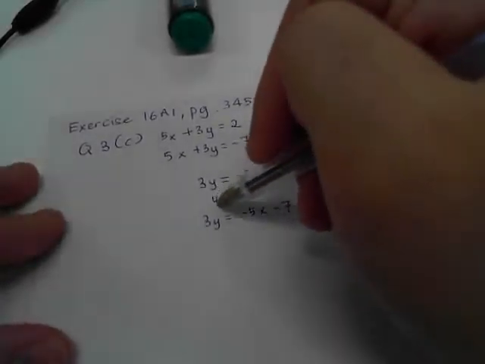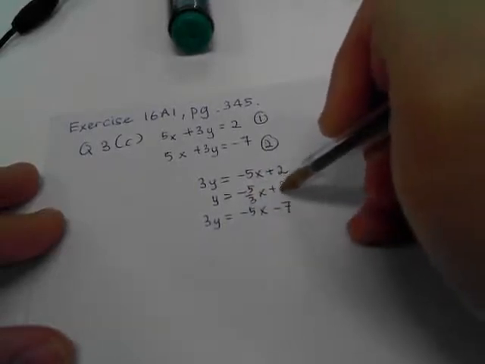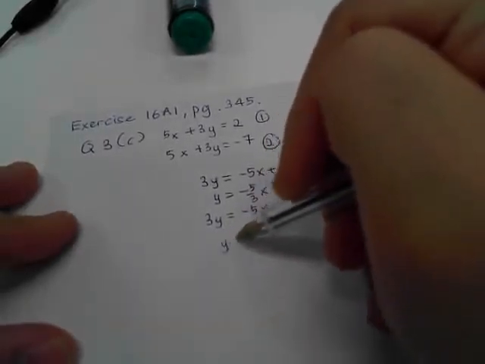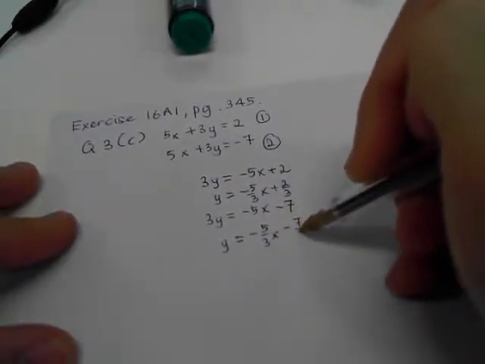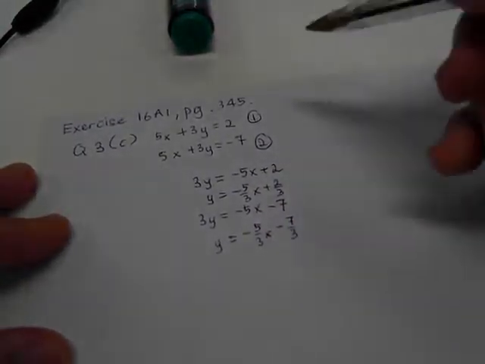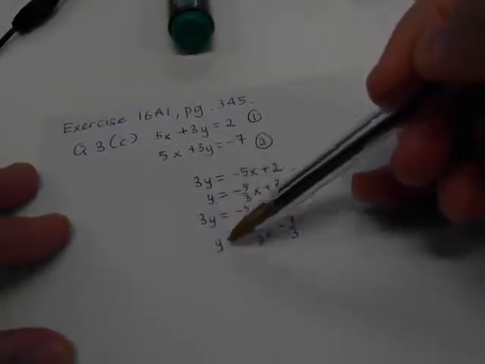Of course, from here y = -5/3 x + 2/3, and over here y = -5/3 x - 7/3. Okay, we might think we'll try to have the same substitution by having y and y being equal.